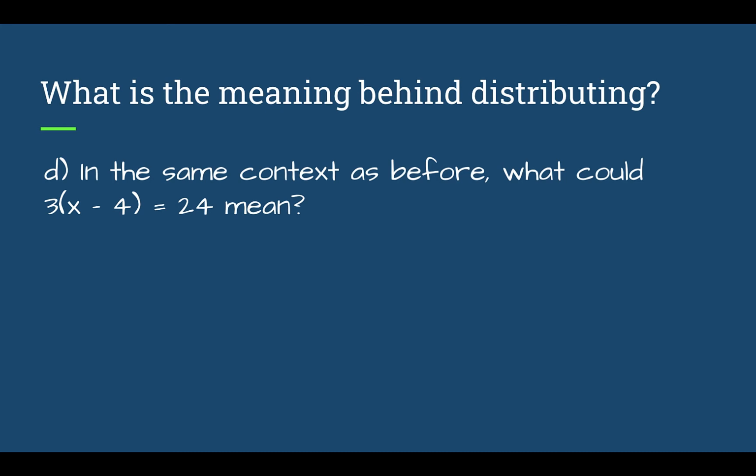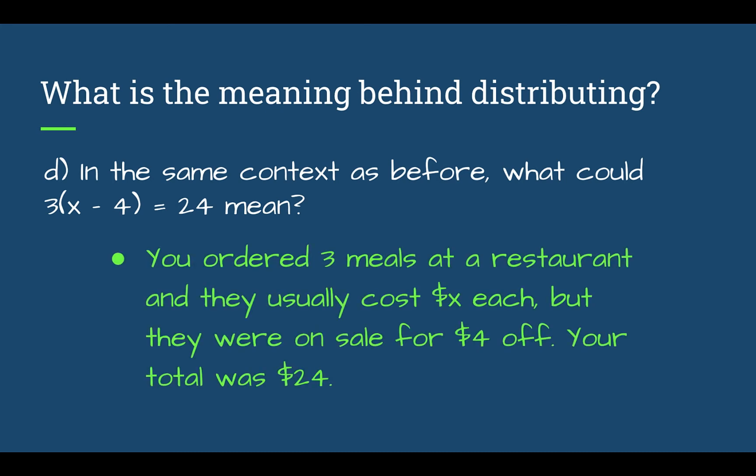All right, here's what I came up with: 3 times x minus 4 equals 24. So you ordered 3 meals at a restaurant, and they usually cost x dollars each, but they were on sale for $4 off. That was our part from before. Now, your total was $24. It equals 24. There is our full equation.